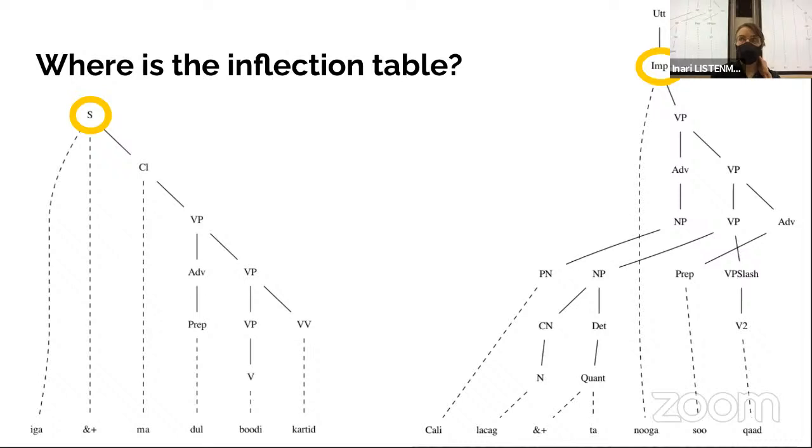So here in the imperative, the string noga comes from the S. If we compare this situation with verbs, every verb is different. So of course, all of the lexical categories must include an inflection table.